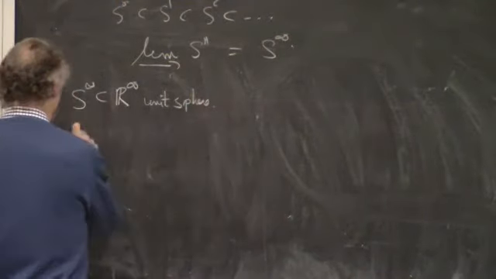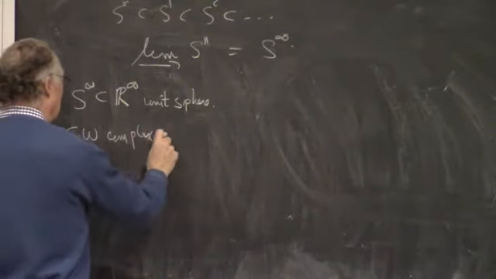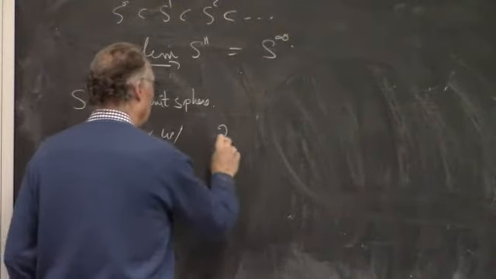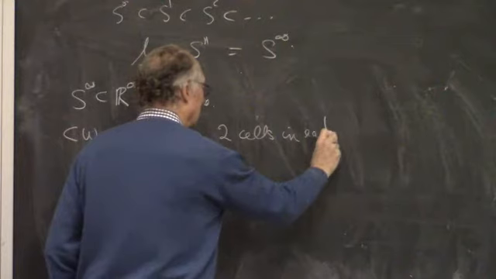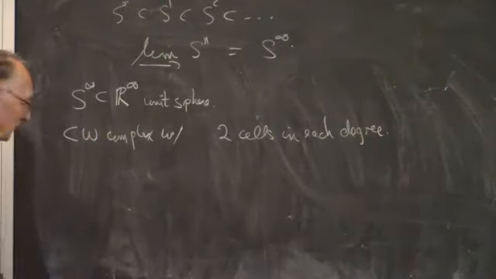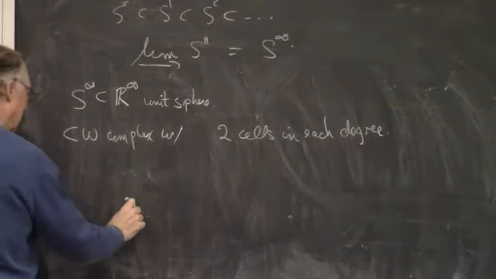Well, this is a CW complex. And the natural way to give it a CW structure is with 2 cells in each degree. So you start with S^0, and you have 1 and minus 1.